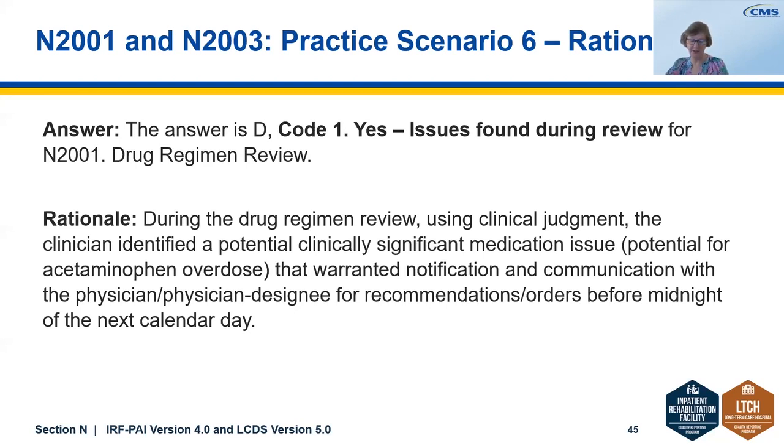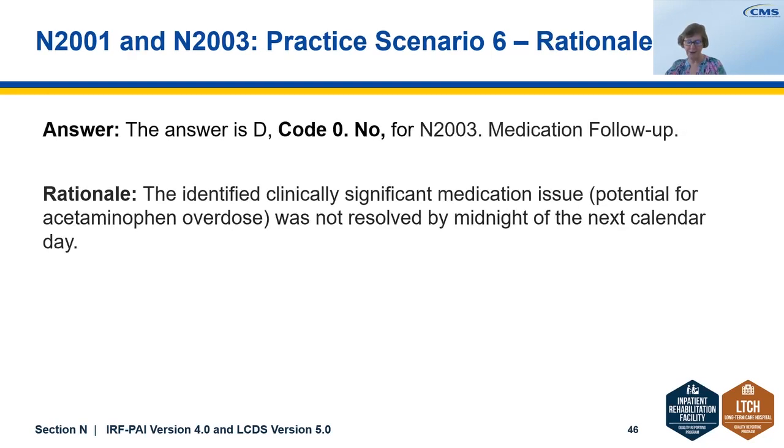The clinician identified a potentially clinically significant medication issue, which was a potential acetaminophen overdose, that warranted notification and communication with the physician or physician designee for recommendations and orders before midnight of the next calendar day. And the rationale for N2003, no, is the identified clinically significant medication issue was not resolved by midnight of the next calendar day.